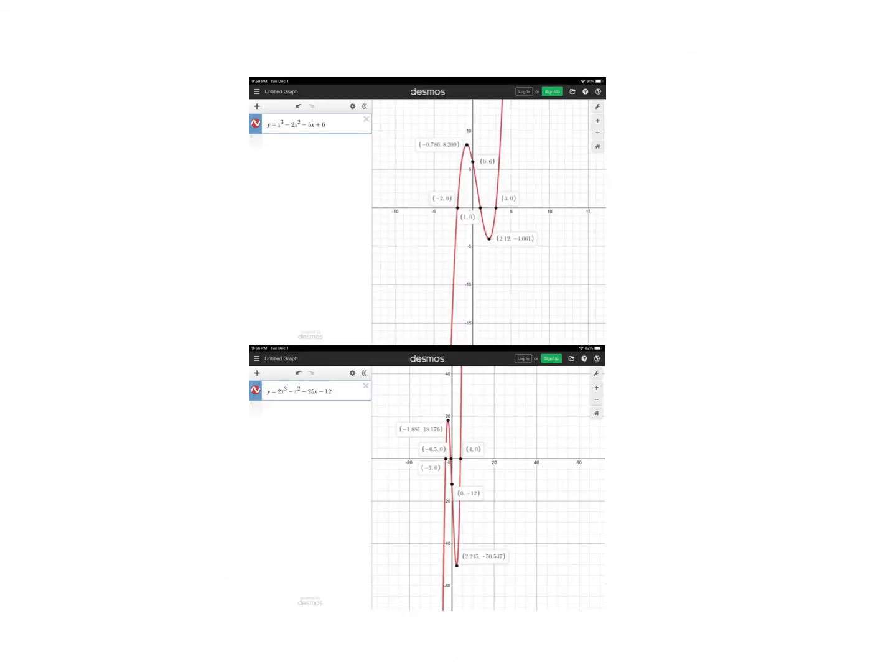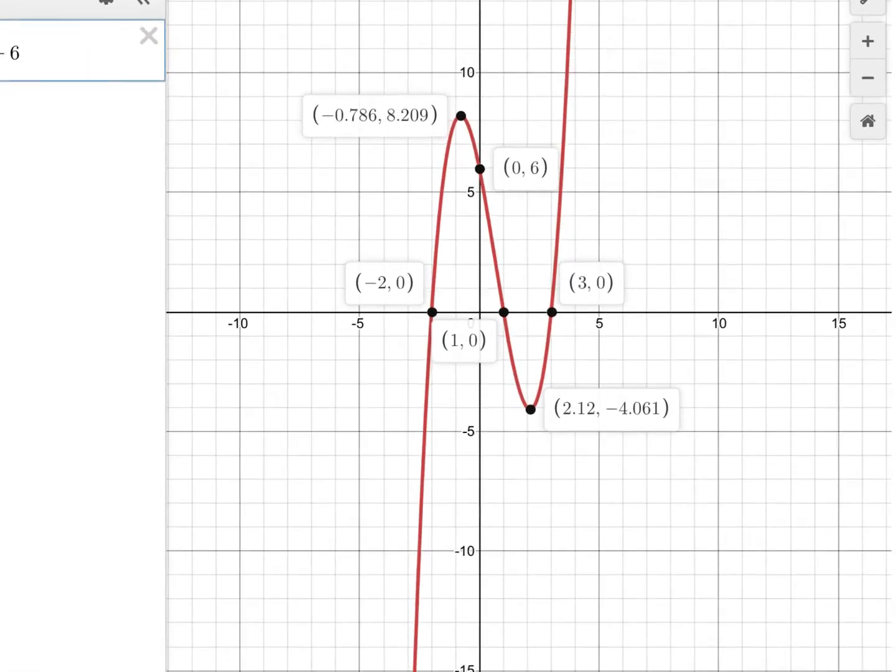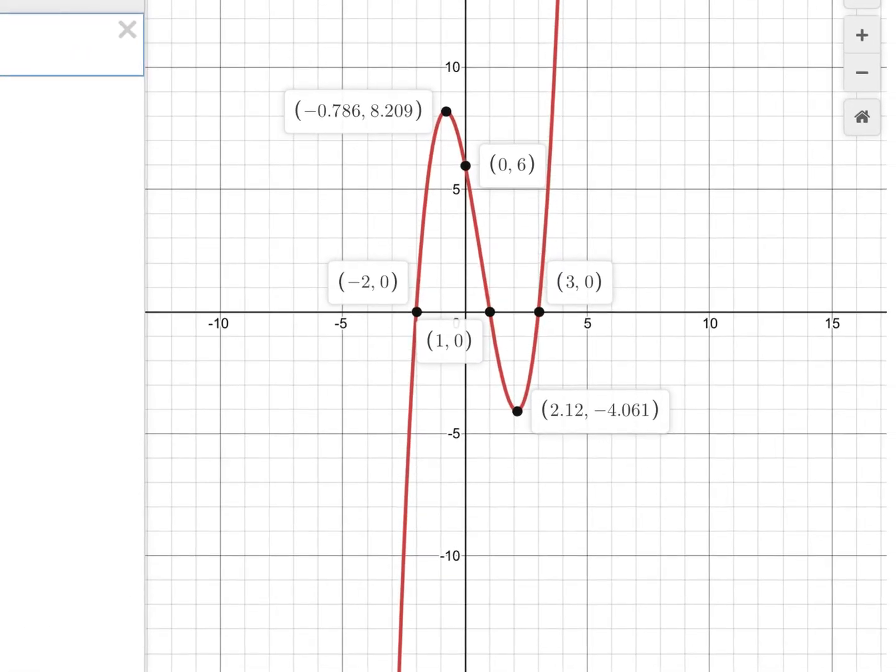And then the next slide here is the Desmos graph. And notice, I ended up graphing the ordered pair -1, positive 8, but notice the highest it gets is actually 8.2. I'm not expecting you to do this by hand.